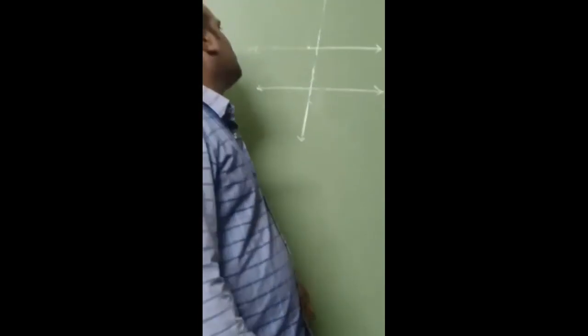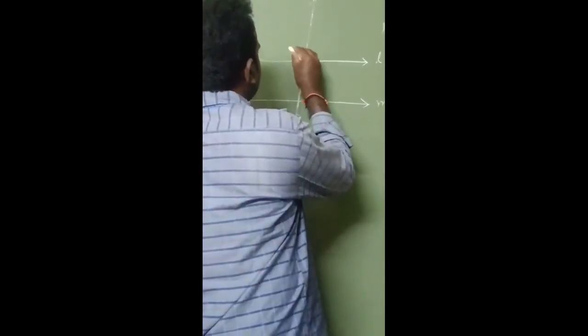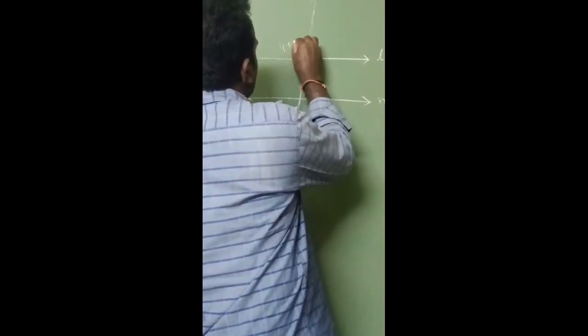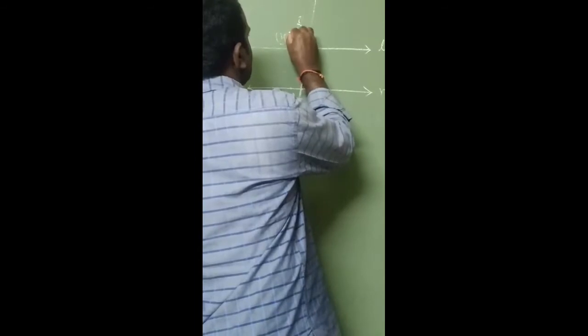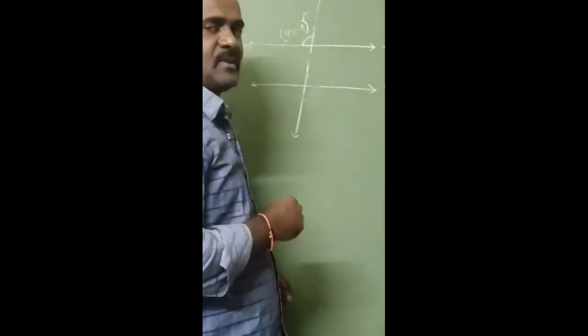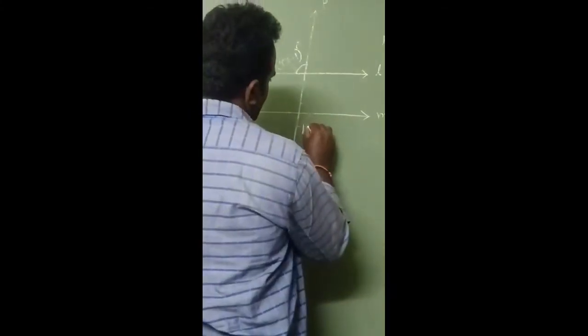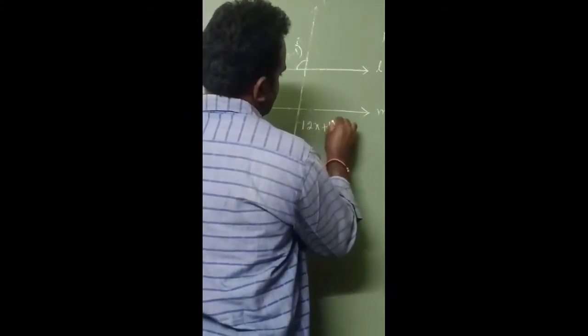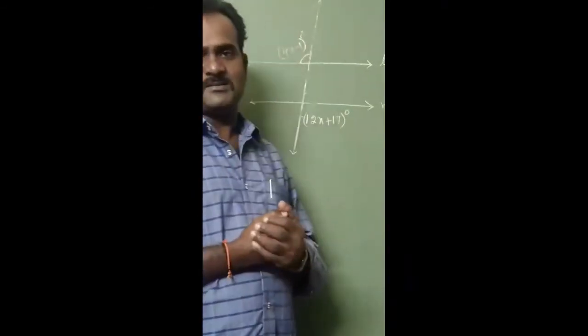Suppose it is given like this. Here one angle is equal to 4x minus 1 degrees, and the other is 12x plus 70 degrees.